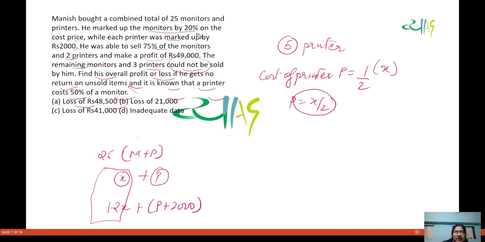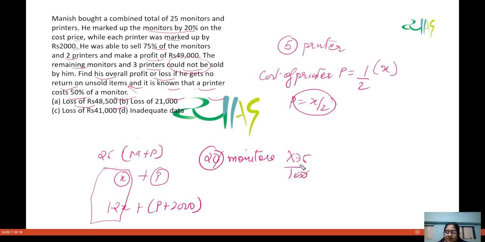And it is saying that we have 25 monitors and printers, and now we know that we have only 5 printers, so we have 20 monitors. We have how many monitors? 20 monitors. And it is saying he was able to sell 75% of the monitors. That means how many monitors are sold? 75 of this by 100.